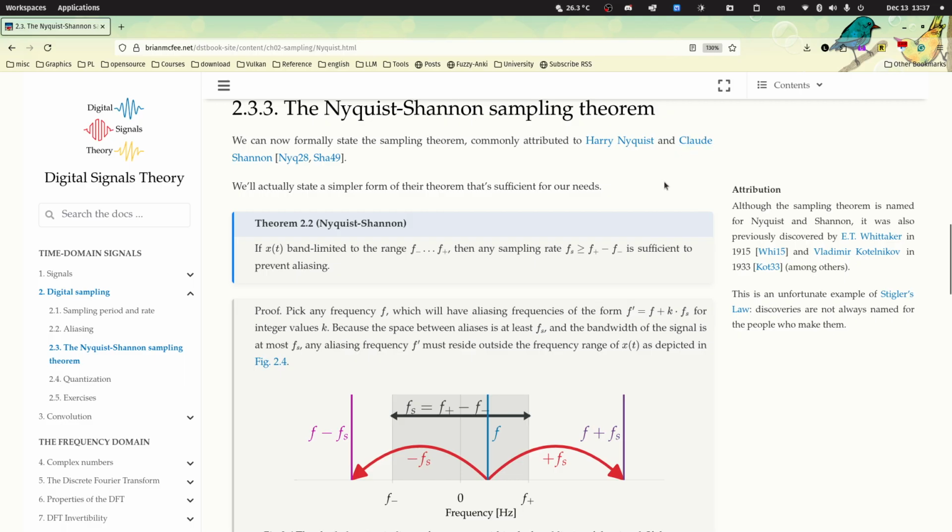Anyway, the sampling theory was probably not first discovered by them, but by other people who unfortunately didn't know how to market themselves, maybe.